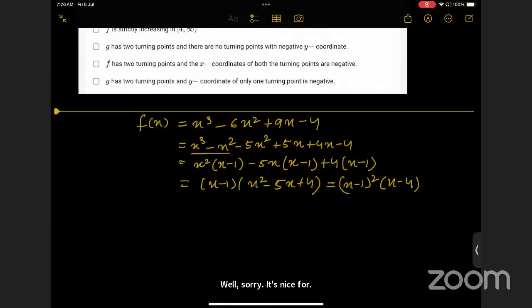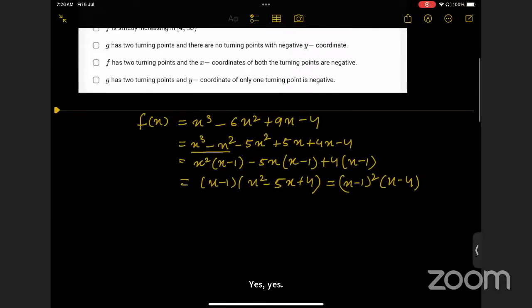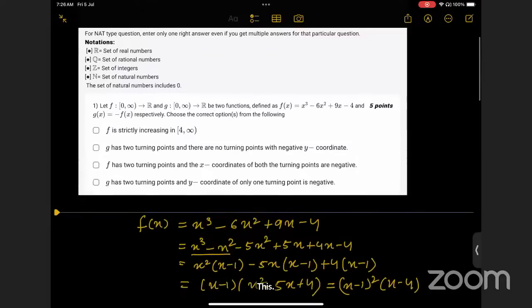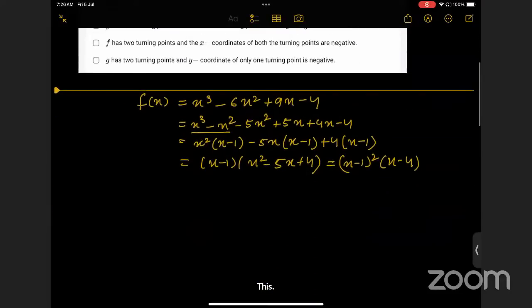Yes, ma'am. So if we have something like that, and it is given that g equals minus f, that means g(x) equals minus of (x minus 1) squared (x minus 4).